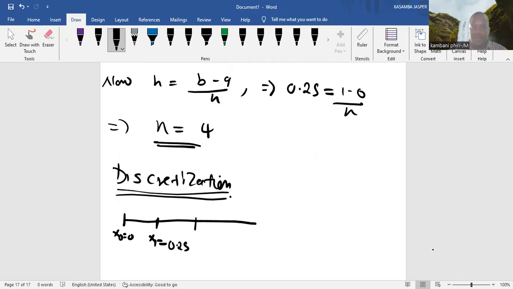Then we have x2 is equal to 0.5 when you add. Then x3, 0.75 when you add.